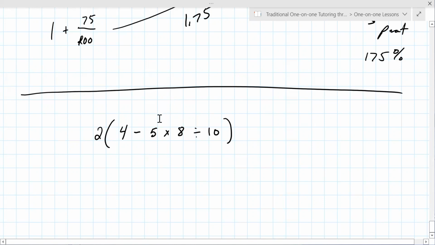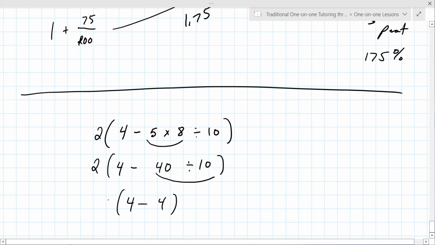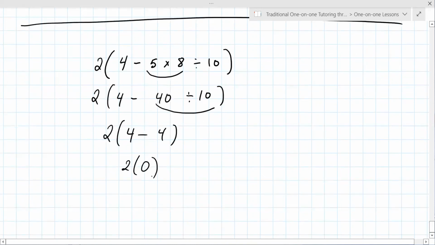How do you minus 4 by 5? You don't. You have to multiply first. What's 5 times 8? 40. And then you have to do division. What's 40 divided by 10? 4. So you have 4 minus 4, so it's just 0. The answer is 0. But you could have gotten something else very weird if you don't follow order of operations.